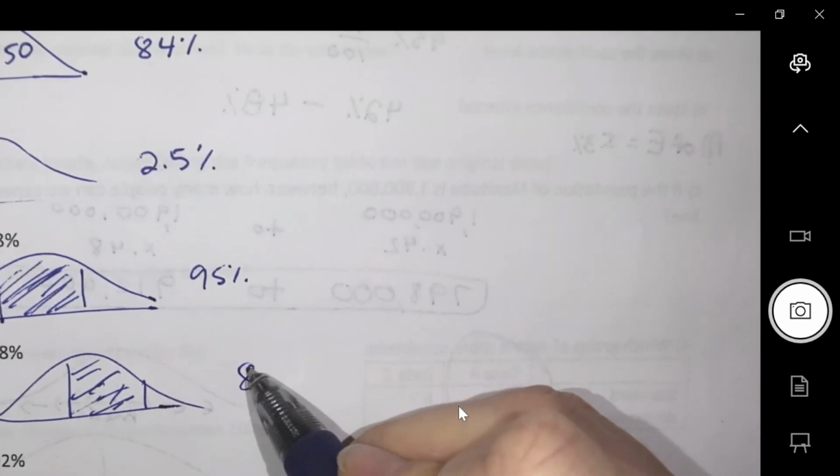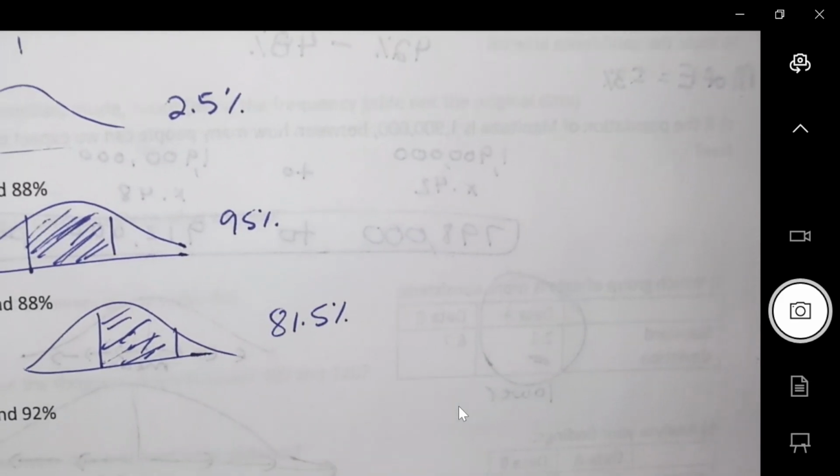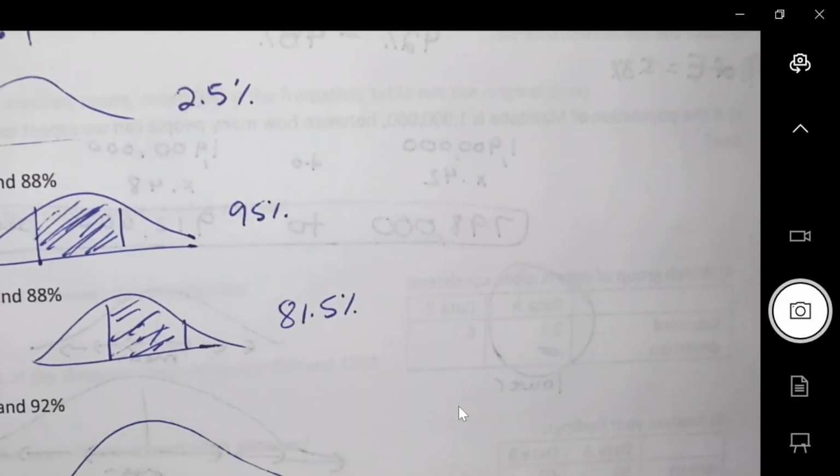Yep. And then the last one says between 88 and 92. And that one's just one block, which you should have labeled on your sheet.